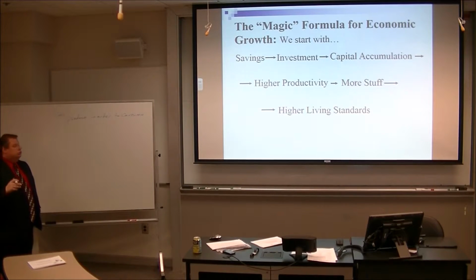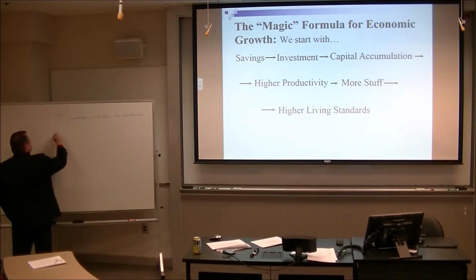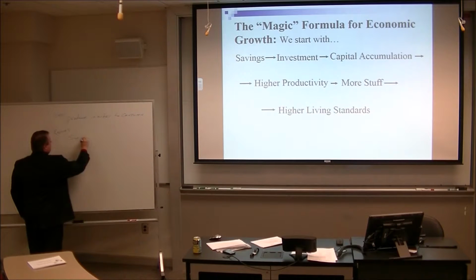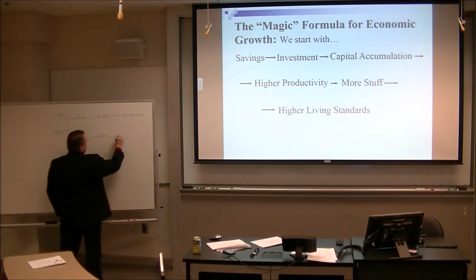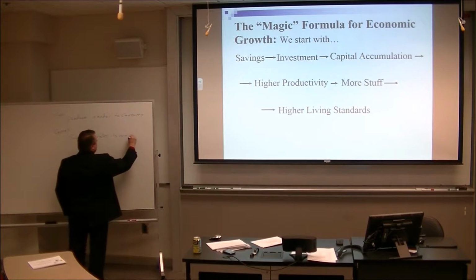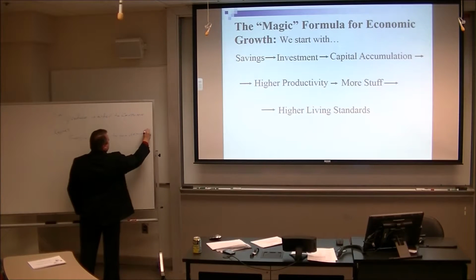And in order to put his theory forward, he had to destroy everyone else before him. And so what he did was he rephrased Say's law. He says, supply creates its own demand.